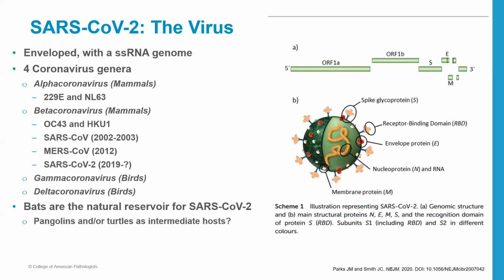Within the spike, you have the RBD, or the receptor binding domain. Usually these are the targets for the molecular characterization of this virus. What is special about this virus is that it possesses the ability to bind to the human ACE2 receptor, and that's why it became highly infectious.